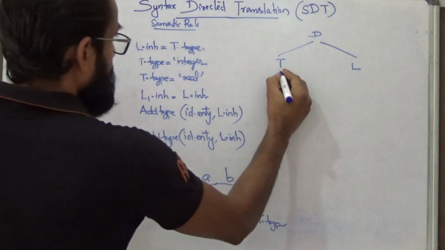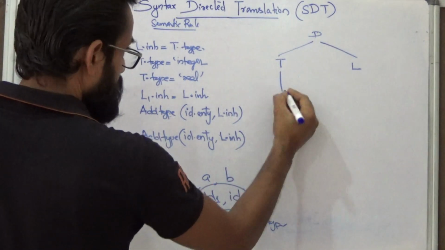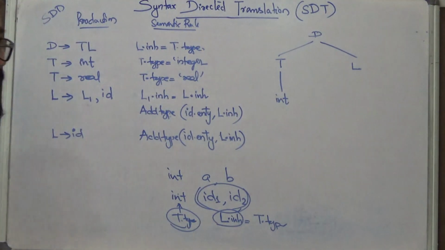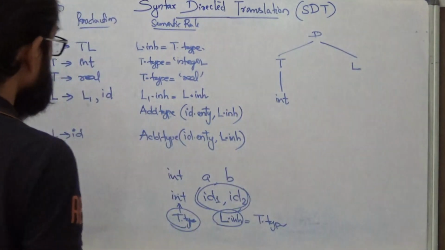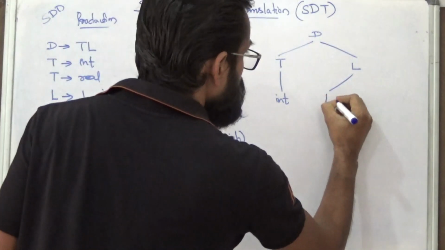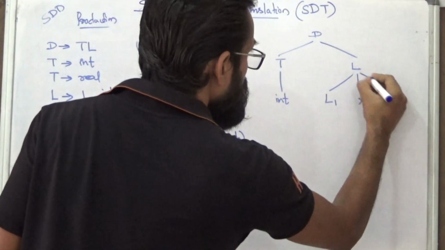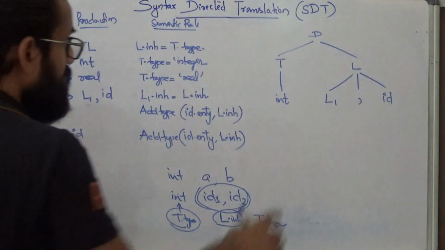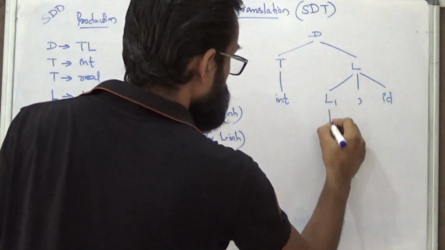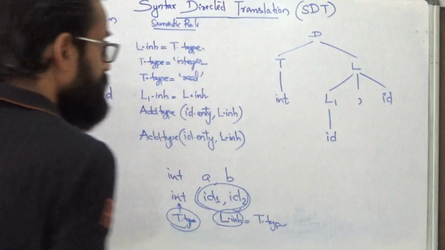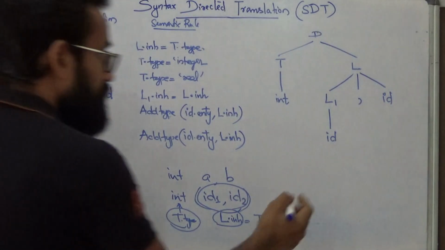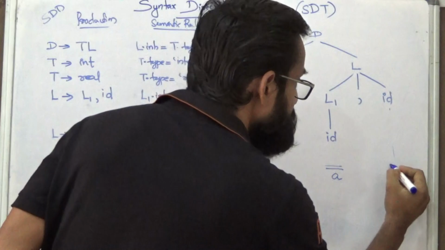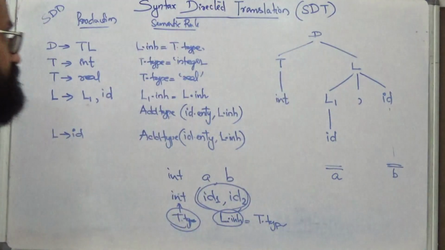Now this type is int in this case, and this list is split into list1 comma id. Now if you consider this list1, this will be id, and you know that the lexeme corresponding to this id is a, and the lexeme corresponding to this id is b.